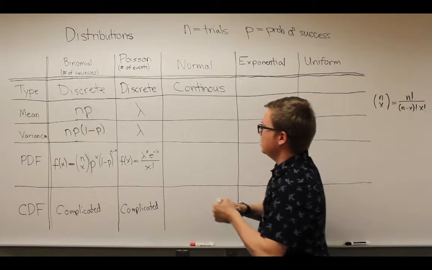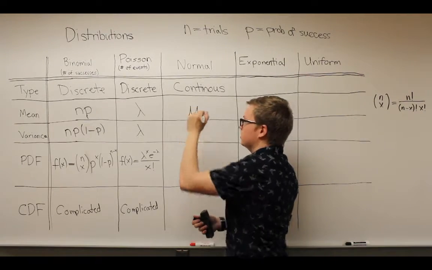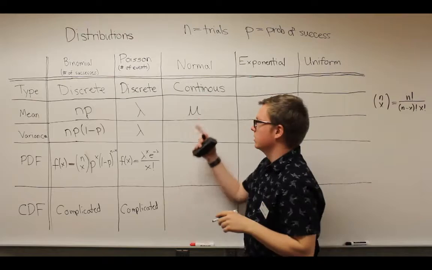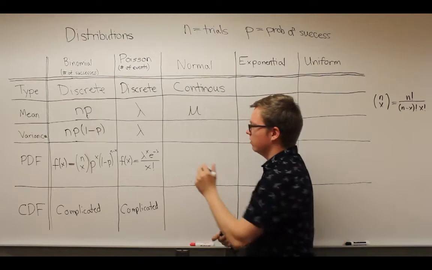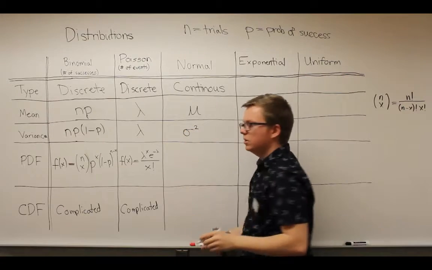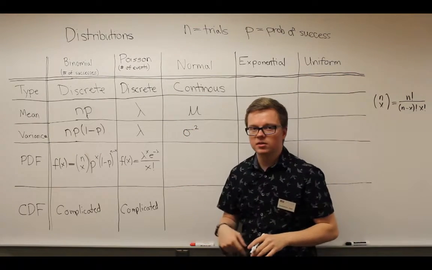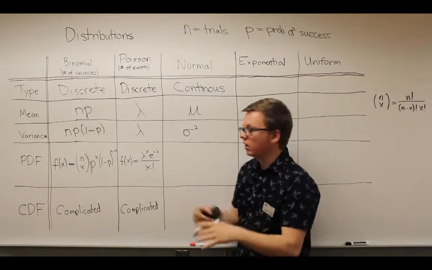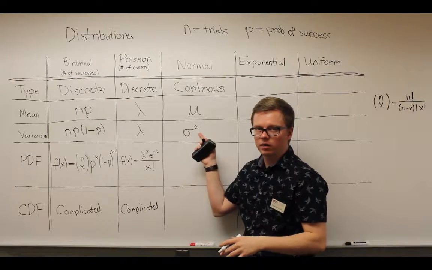And then the mean is a parameter, so it's usually written as mu. And the variance is also a parameter, so usually we write sigma for the standard deviation, so variance is just standard deviation squared.